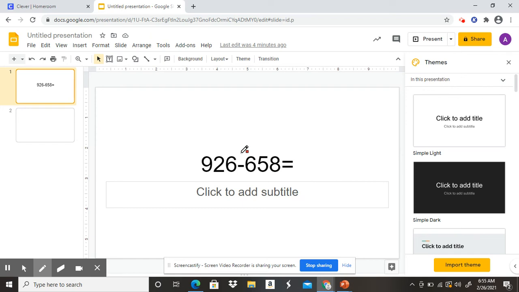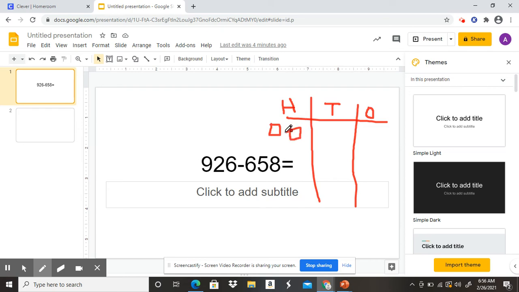So when I find the difference here, I'm going to draw models. So I draw my hundreds, my tens, and my ones, okay? Because this model right here is going to show you that subtraction is also take away. So I'm going to draw that first number, 926. So that's 1 in the hundreds place, 2, 3, 4, 5, 6, 7, 8, and 9.